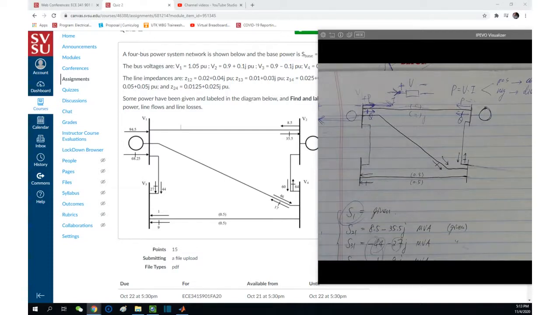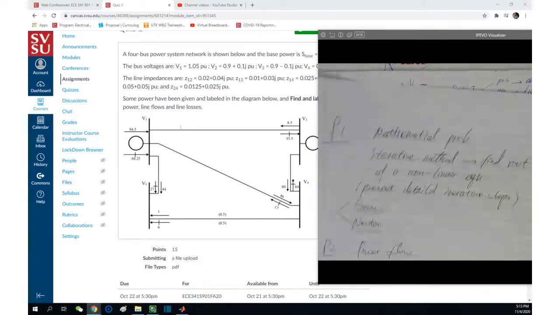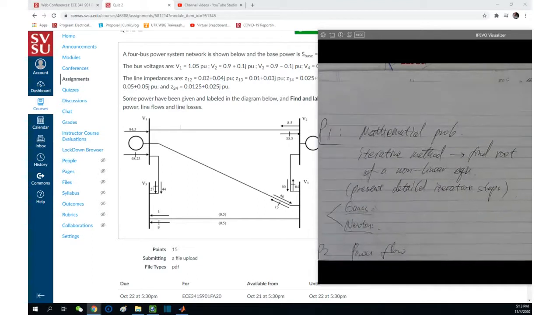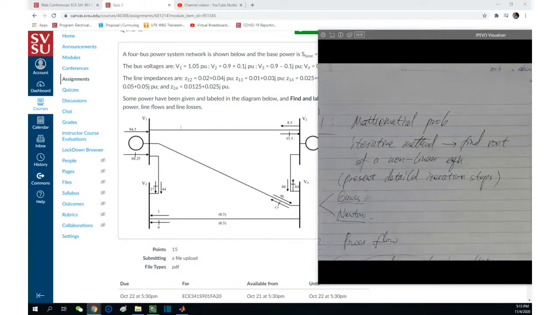And I'm asked for problem 1 a little explanation. Problem 1 gonna be, hold on, let me get my notes. First of all, problem 1 is mathematical problem, and remember to follow the example as exercise.